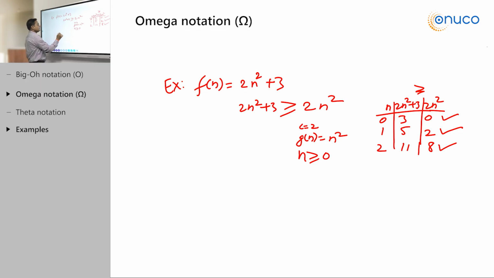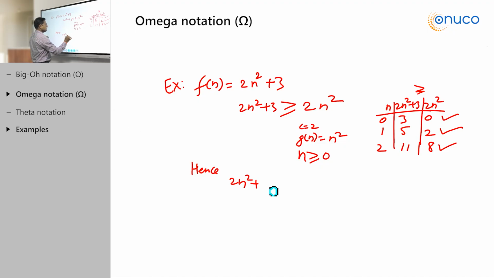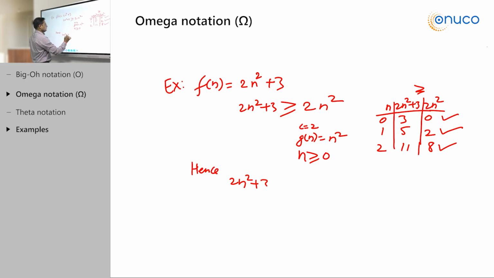Hence, we can say 2n square plus 3 belongs to big omega of n square.